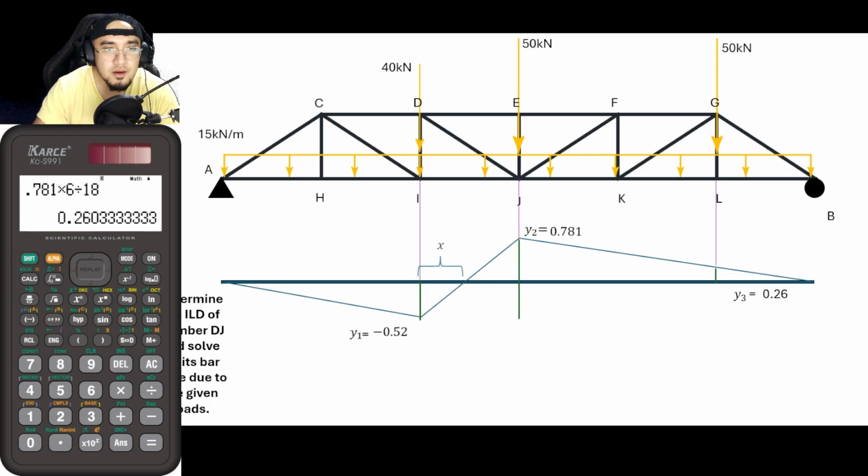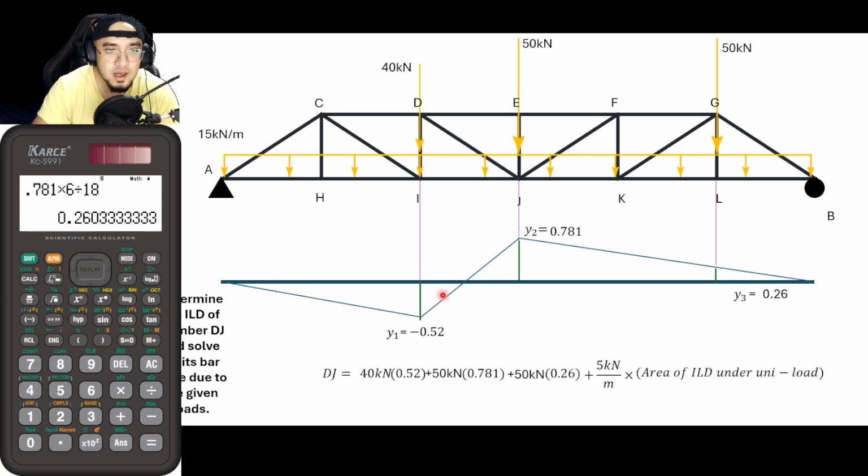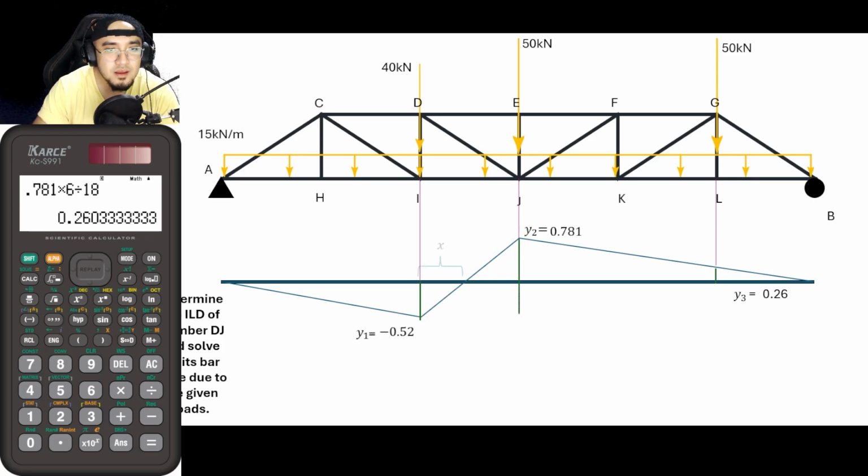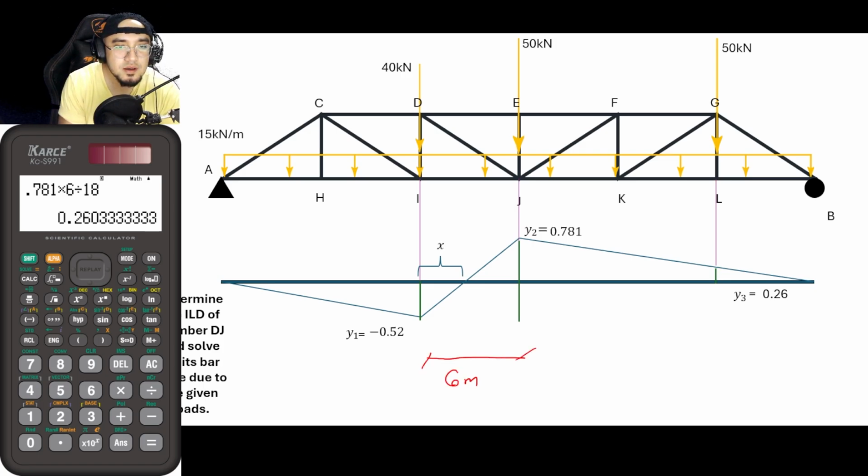Earlier this was just a slanted line, but let us extend this and treat it as the hypotenuse of a triangle. If so, we could say that this here is 6 meters, which is given in the problem. And this height here is 0.781 and this here is 0.52.